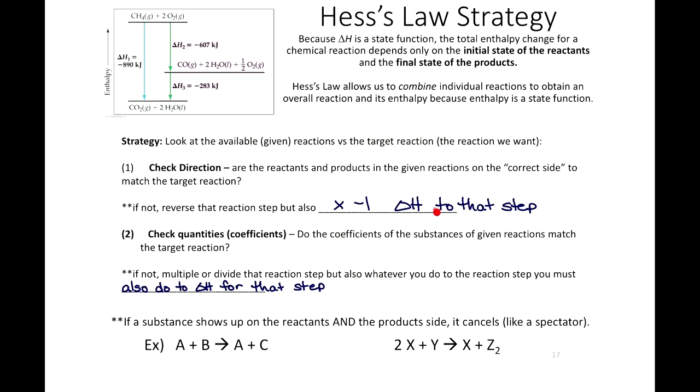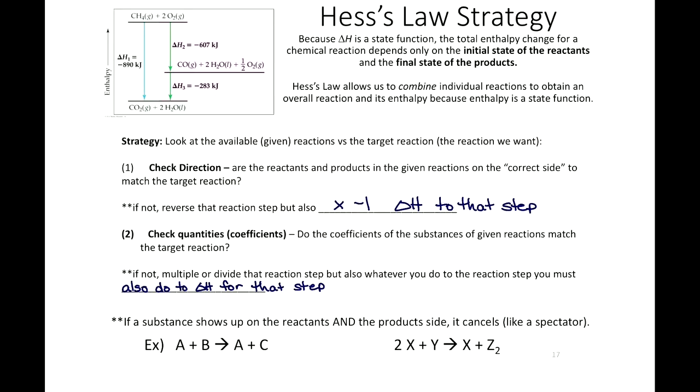So we want to check direction of our reaction. If it doesn't match, then we flip it, but do that to delta H as well. Check the quantities or coefficients, multiply by the appropriate numbers, but also do that for delta H. So when we add up these reactions, oftentimes we'll cancel out what look like intermediates.